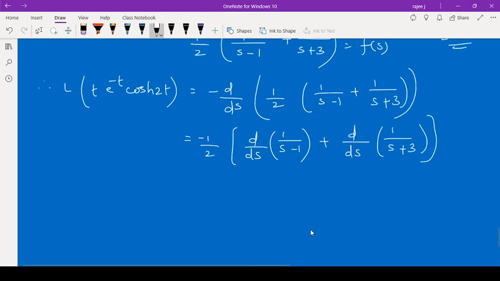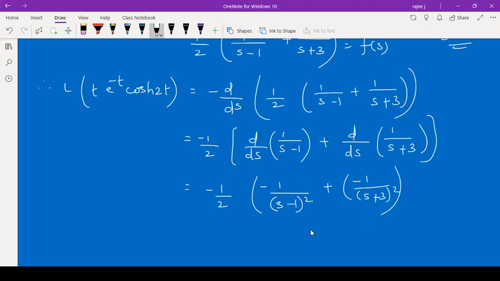Now that's equal to minus 1 by 2 into the derivative of 1 by x. The derivative of 1 by x is of the form minus 1 by x square. So minus 1 by s minus 1 the whole square, plus here also again the derivative of 1 by x form, so that is minus 1 by s plus 3 the whole square.